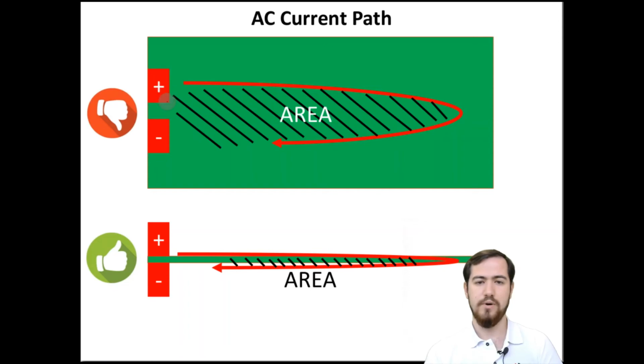Let's say we have an AC current which flows from plus to minus. If it follows a path such as this one, it couples all the flux inside this region. However, if we put a layer on the top and place another layer just at the bottom side of this top layer, it follows the minimized area, so it couples less flux linkage, so the inductance is reduced.